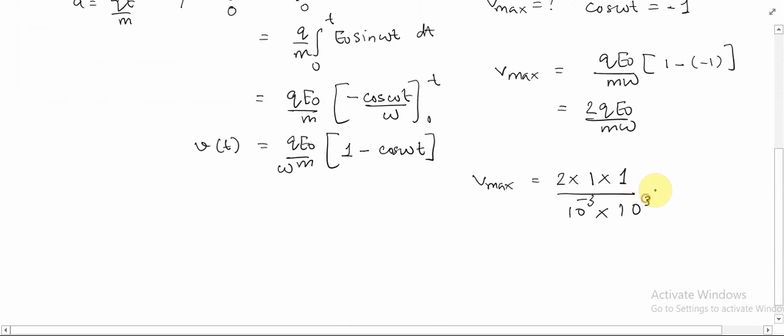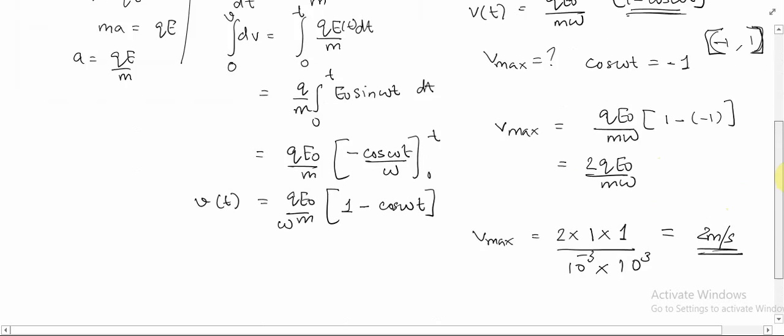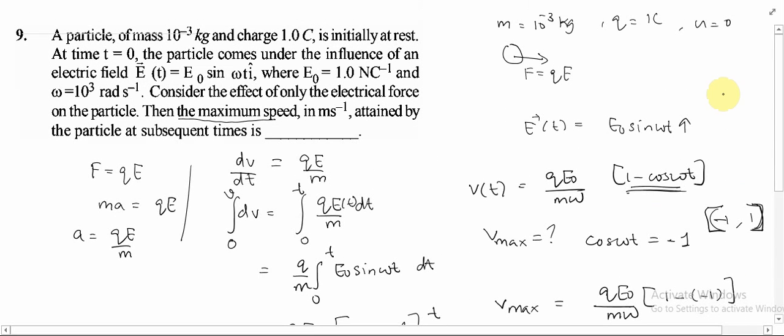So 10^-3 and 10^3 cancel, and this will be 2 meters per second. So the maximum velocity the particle achieves is 2 meters per second. The maximum speed attained by the particle in subsequent times is 2 meters per second. Hope you understood this solution. Thank you.